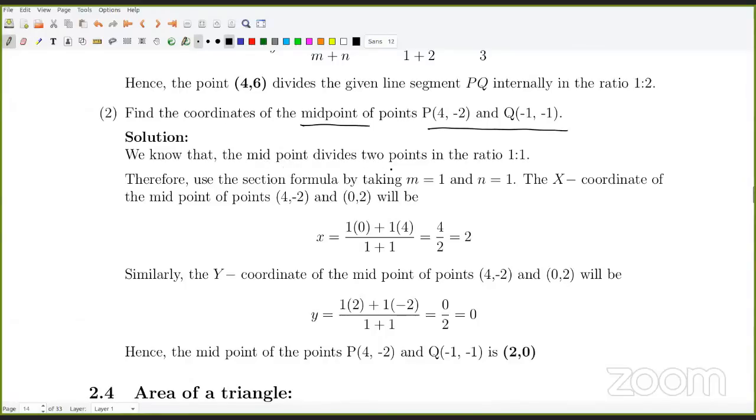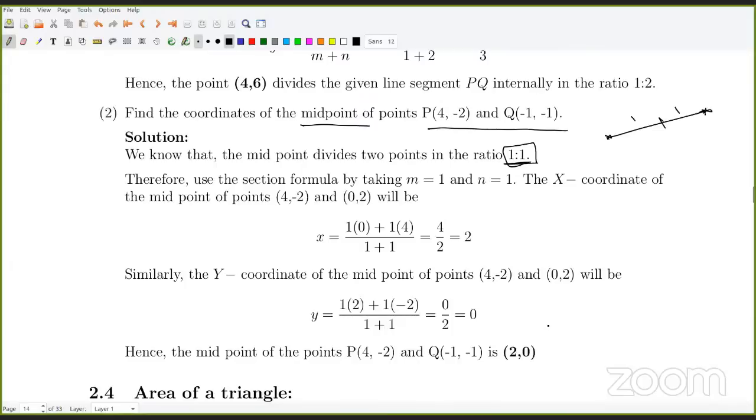So the midpoint divides 2 points in the ratio 1:1. The midpoint will be at equal distance from the 2 points. So the ratio is given again. 2 points are given. We need to find the coordinates. That's it. Use the same formula and you will get the midpoint. Midpoint will be at 2 comma 0.